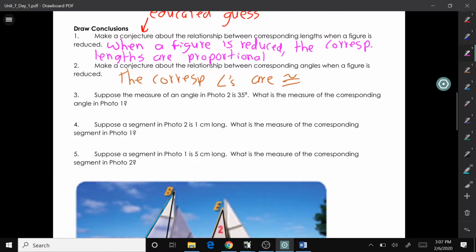All right, let's look at number 3. Suppose a measure of an angle in photo 2 is 35. What is the measure of the corresponding angle in photo 1? Well, we just said that the corresponding angles are congruent, so the corresponding angle in photo 1 should also be 35 degrees.